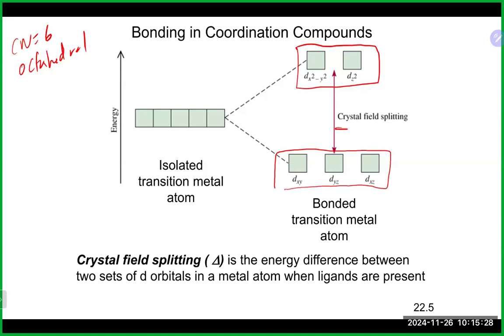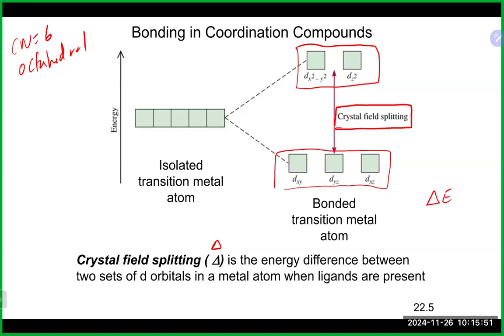That energy difference between them is what is referred to as crystal field splitting. Crystal field splitting is sometimes abbreviated with the delta symbol. It's also sometimes just abbreviated with the regular change in energy symbol. And that is the energy difference between 2 d orbitals when a ligand is present. So why is this important?